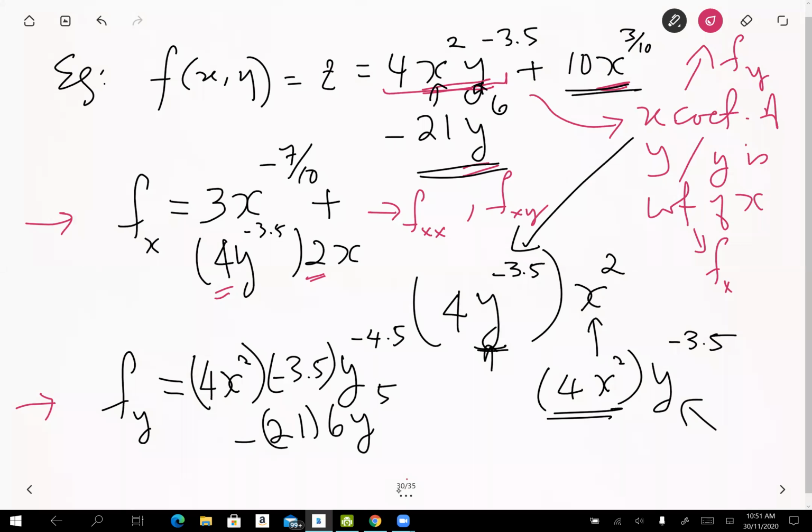There shouldn't be any problem because we already have done the first derivative. So the second partial is just an extension of that thing. So do it now.